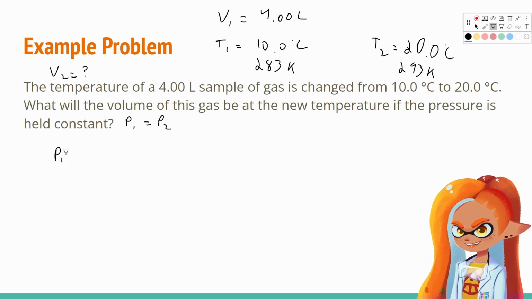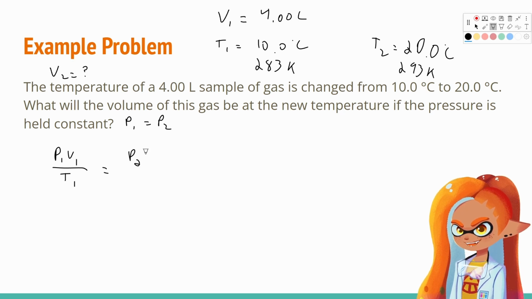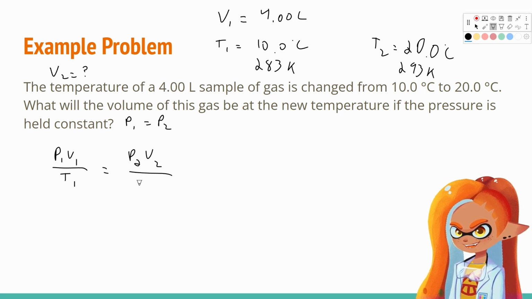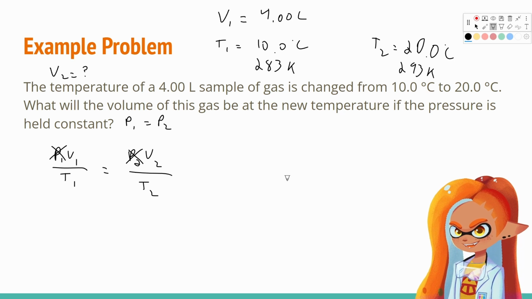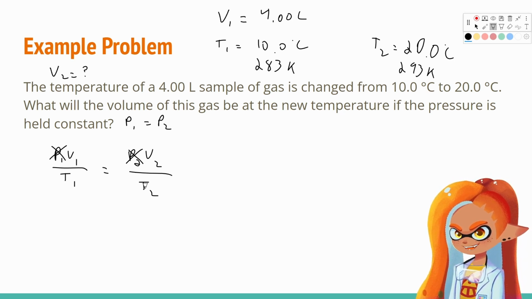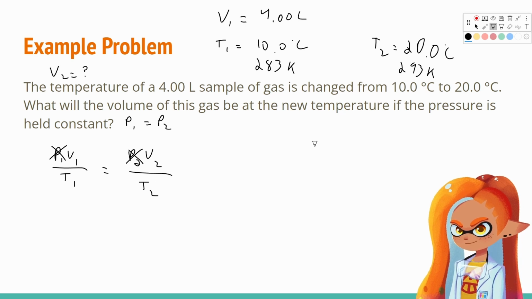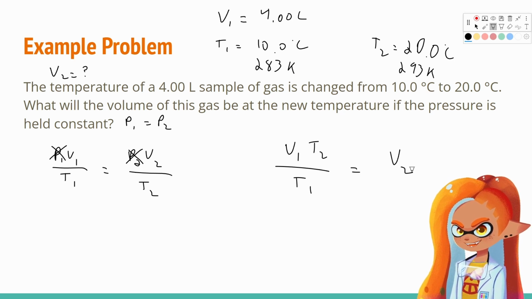So P1V1 divided by T1 equals the same thing but with the different scenario. And so since my pressures are constant, I'm going to go ahead and get rid of them because they cancel out. And then I'm going to go ahead and multiply both sides by T2. So I end up getting V1T2 divided by T1 equals V2. Because again, V2 is what we're solving for over here.